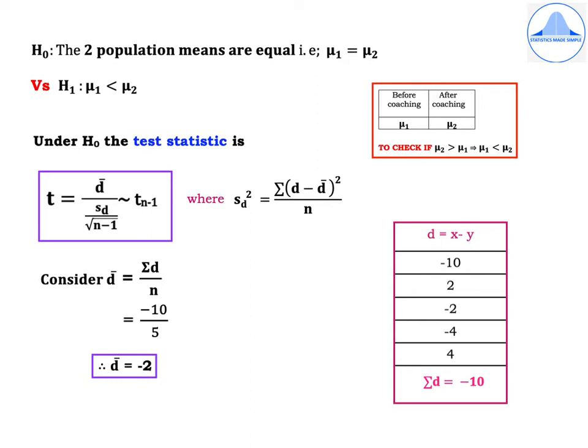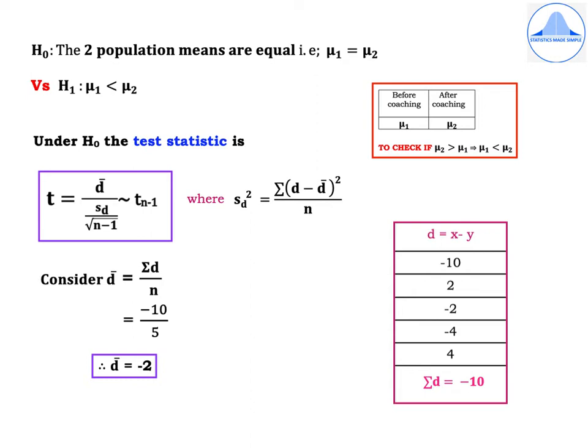Under H0, the test statistic is t equal to d bar divided by sd by root n minus 1, which follows t n minus 1, where sd square is equal to summation d minus d bar the whole square divided by n. Also, the formula for d bar is summation d divided by n. On the right hand side of the slide, let us form a column, that is d equal to x minus y.